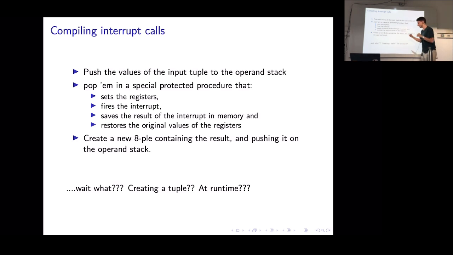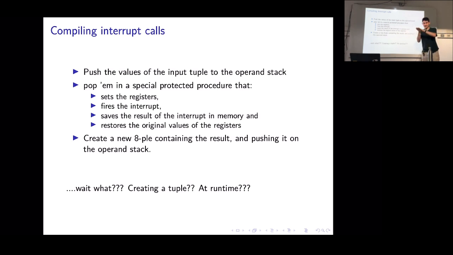The way this is done is by creating a new tuple containing the register values, which will then be passed as the parameter of the continuation, basically.